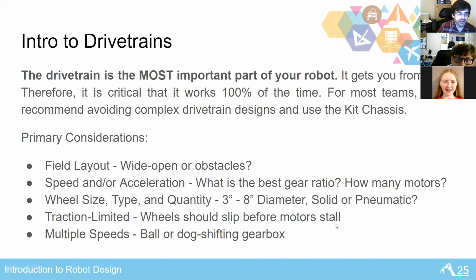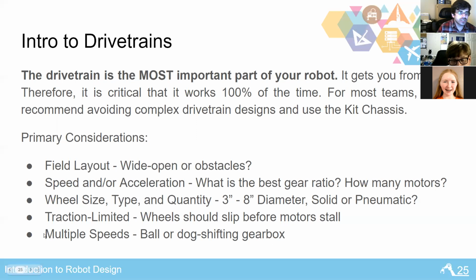So we try to make sure that if you were to drive up against the wall, your motor would have enough power to keep the wheels spinning in place instead of stalling out, because that can draw a lot of current and break your robot if you aren't taking that into account. So it's just another consideration.